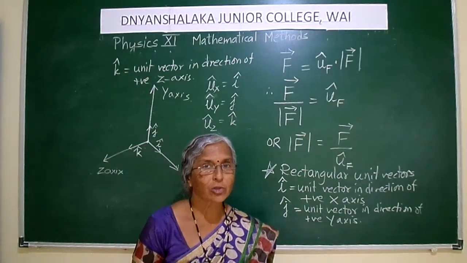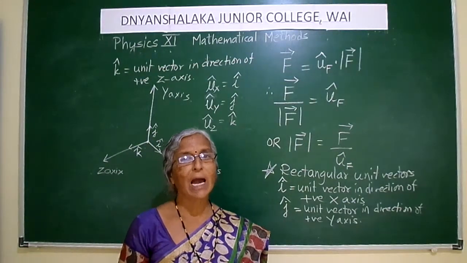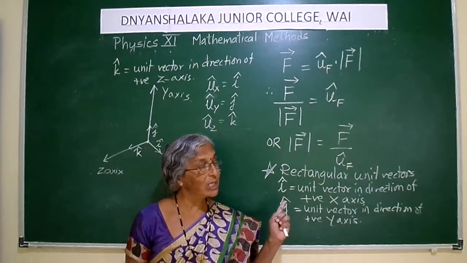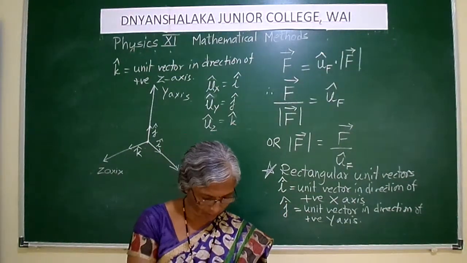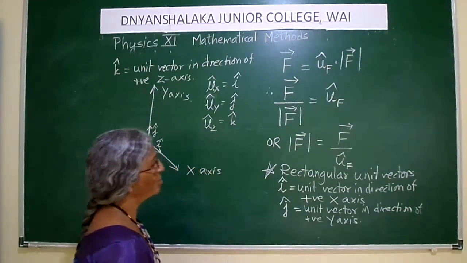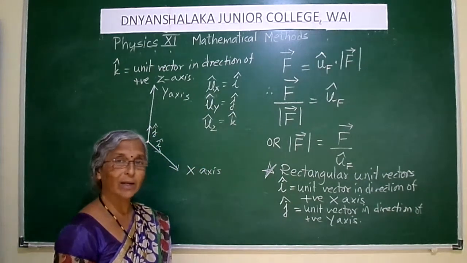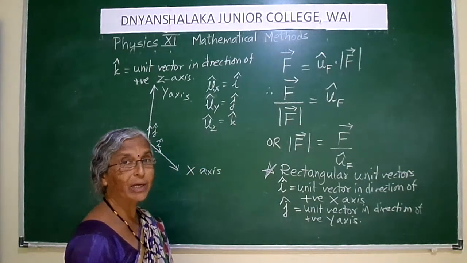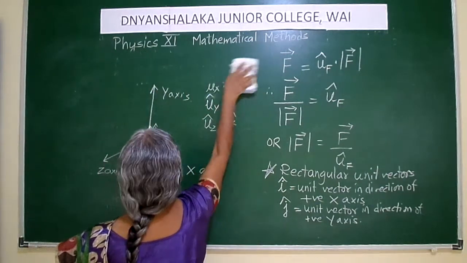Got it? So these are the types of vectors that we have studied. All these are important from the point of view of examination and conceptually tremendously important, because we are going to make use of these vectors everywhere in further vector analysis. Are you getting it? So you have to keep on revising this.